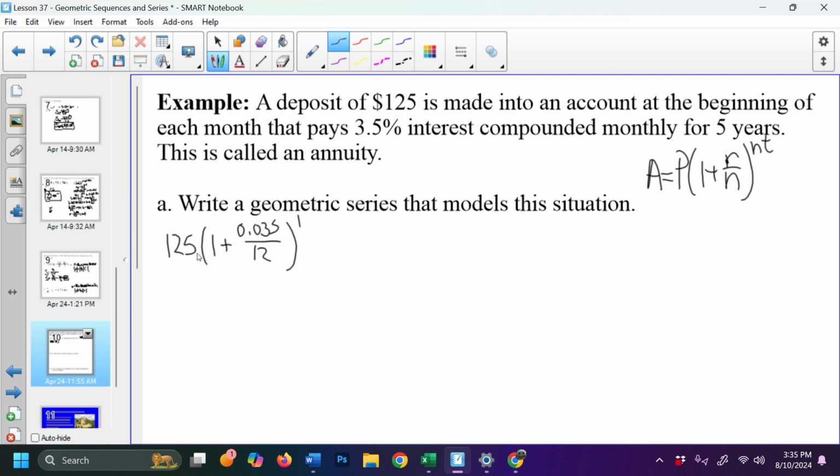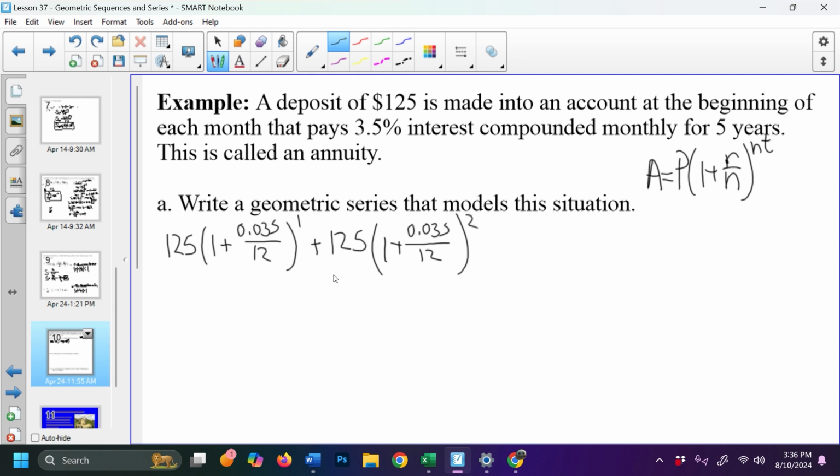This first $125 that you deposited has now been in the annuity for 2 months. So this $125 moves over here, and it still has the same calculation, but instead of being in the annuity for 1 month, it's been in there for 2 months.